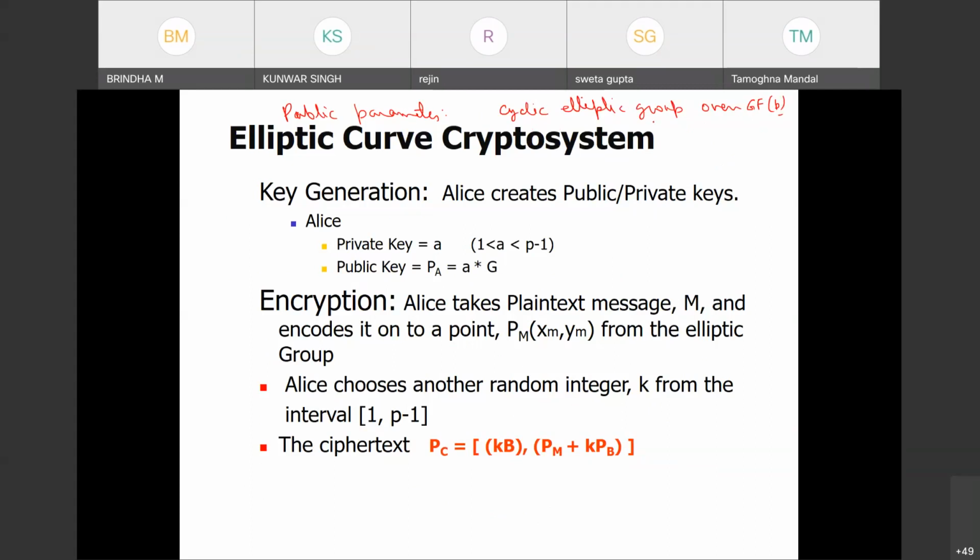That will be there. And which generator? That will also be a public parameter: generator G.